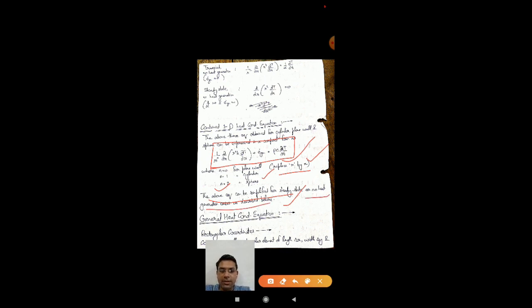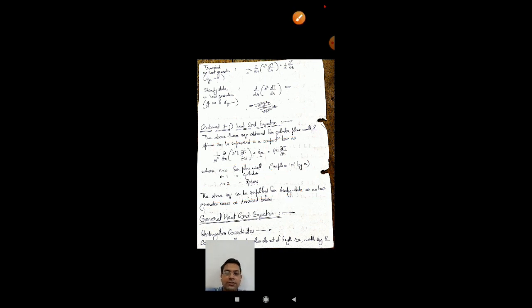Okay. Now moving towards the next important point, the general heat conduction equation. Till now I have considered the heat conduction only in one direction. Now considering the heat conduction in three dimensions, that is along the length delta x, width delta y, and depth delta z.